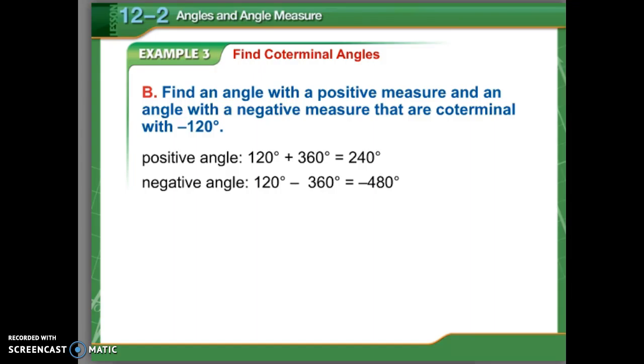So I need to get this to show up right here, negative 120, negative 120, and that makes these equations work. Negative 120 plus 360 gives us 240, that's a positive angle, and negative 120 minus 360 gives us negative 480, and that's another negative angle. So each of these angles, 240 and negative 480, are coterminal with negative 120.